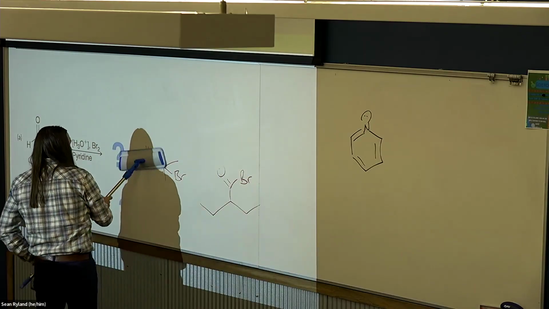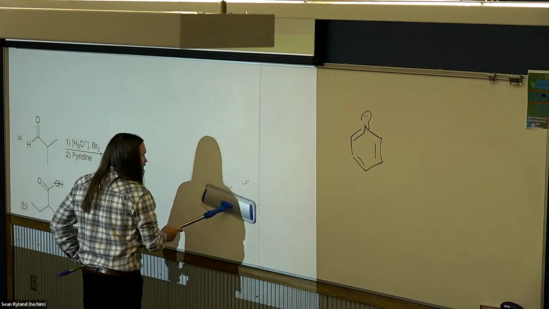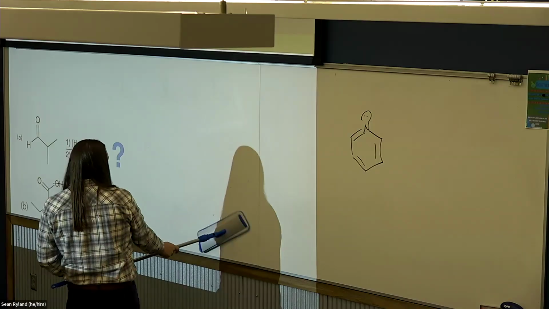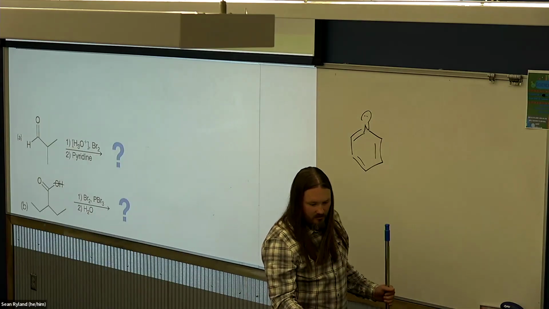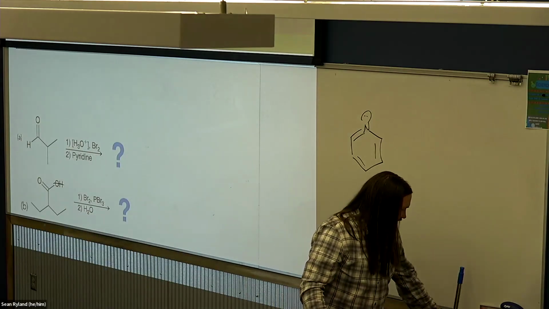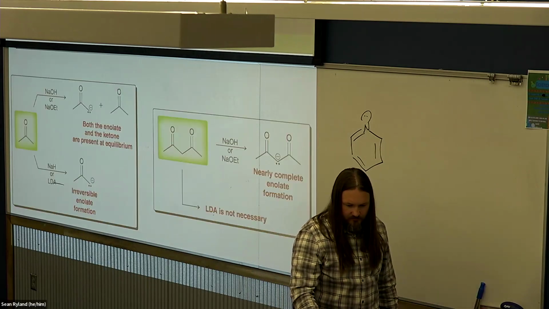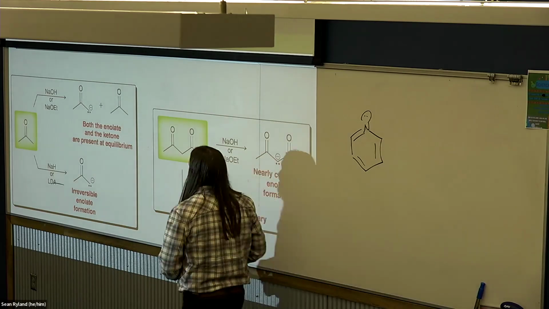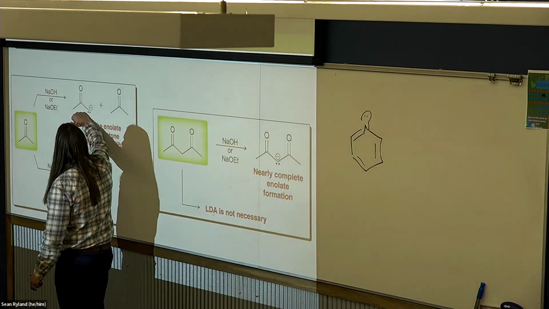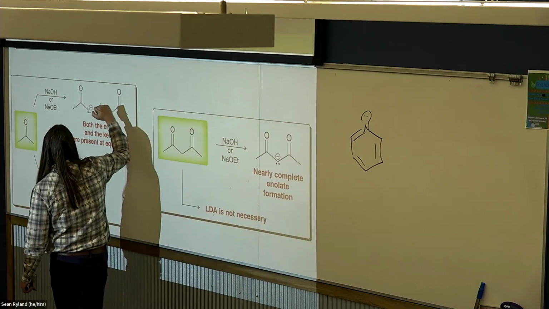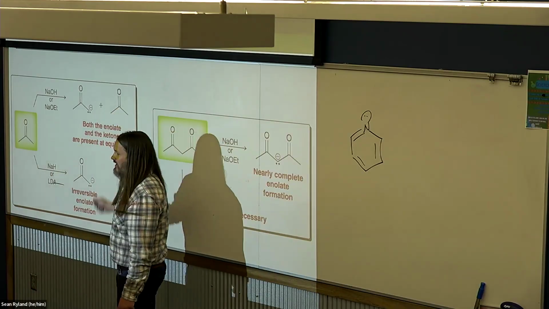Let's look at some more complicated cases. So that reaction where we wind up with both our enolate and our ketone present at the same time.